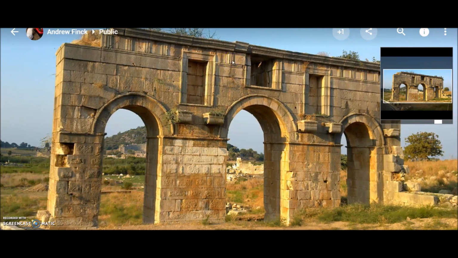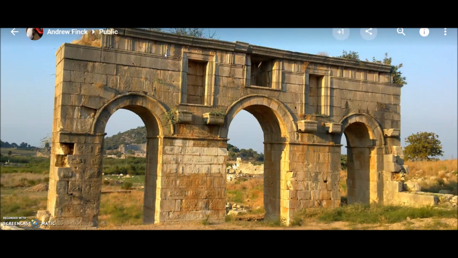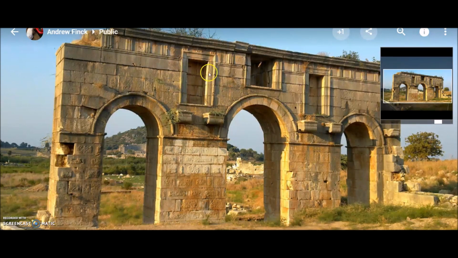Now, this is a classically Greek associated motif. We're going to see this at a lot of Greek sites. But I want to focus on that because that is a repeating motif across a lot of these structures. And I don't want to rule out the possibility that that is an original artistic element from the original builders.